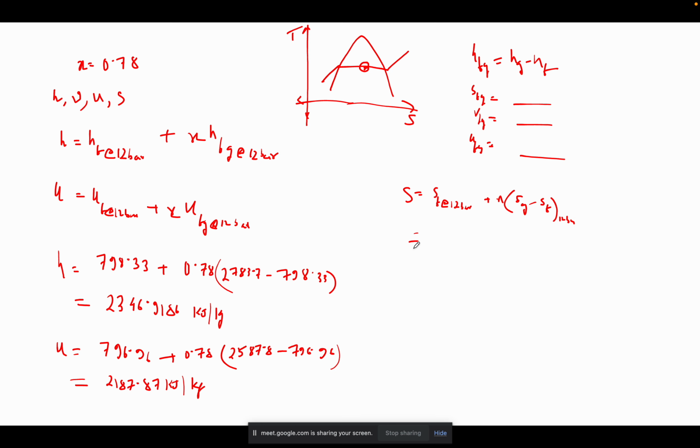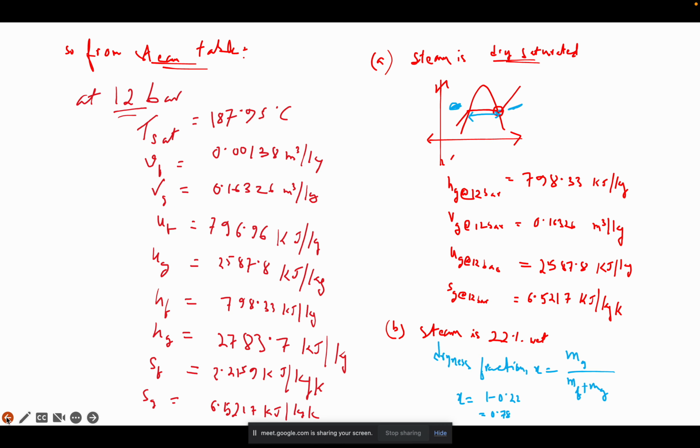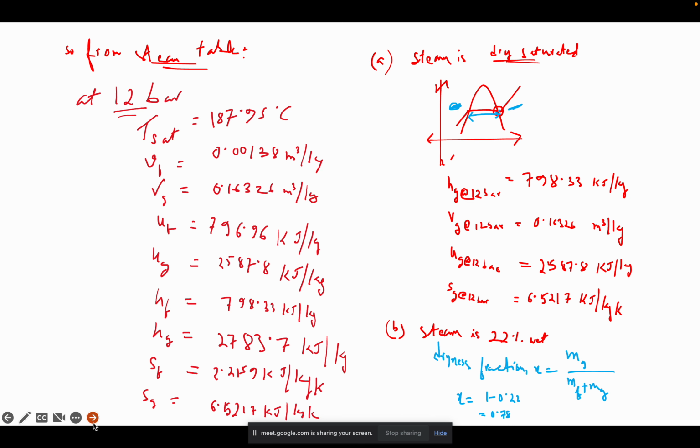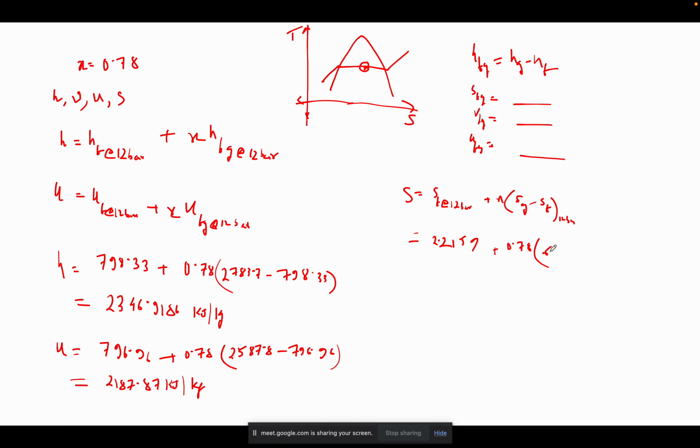So that will be 2.2159 plus 0.78 times 6.5217 minus 2.2159.